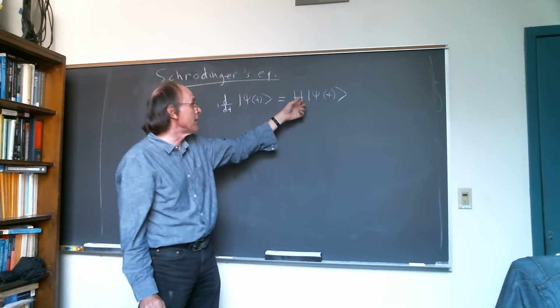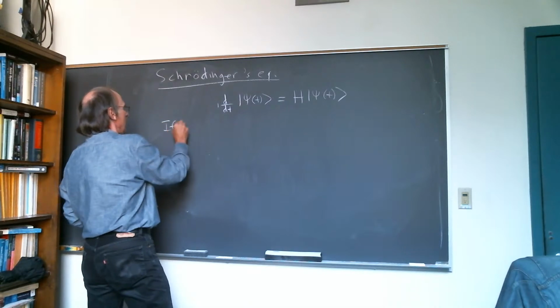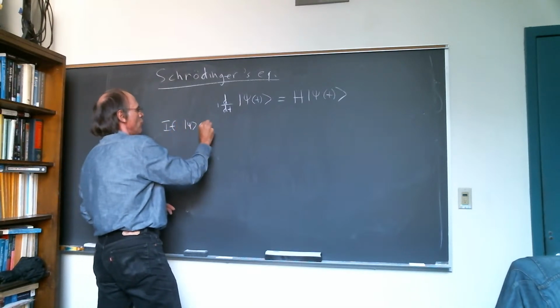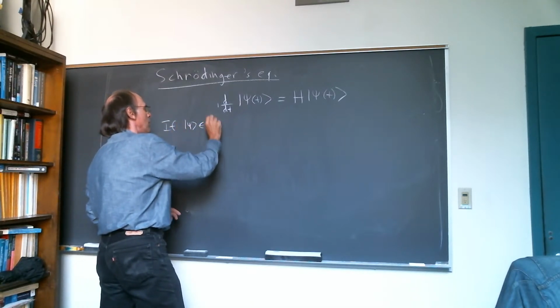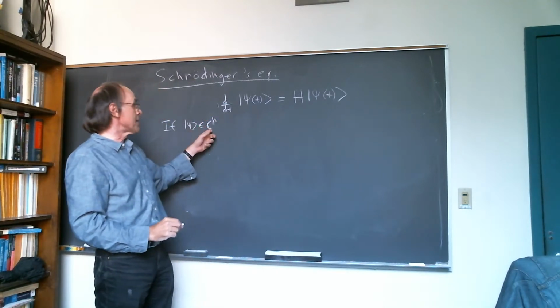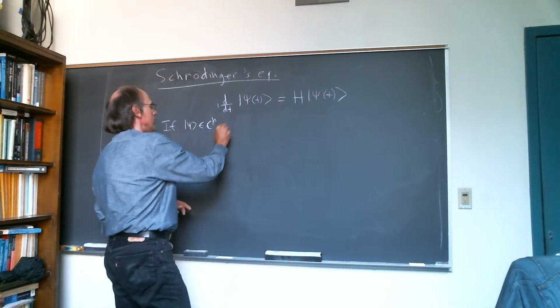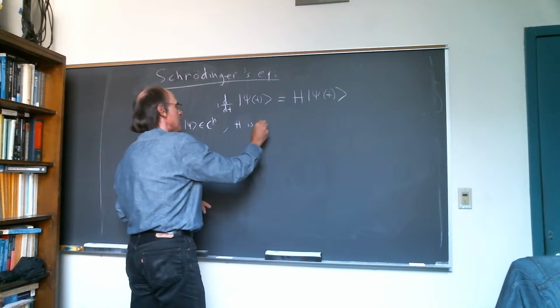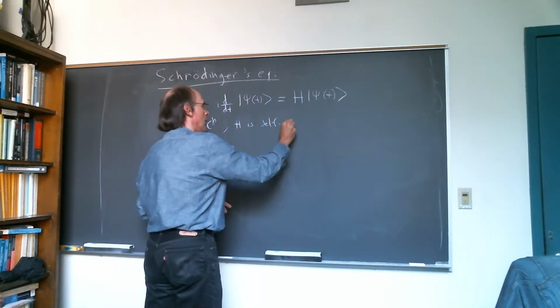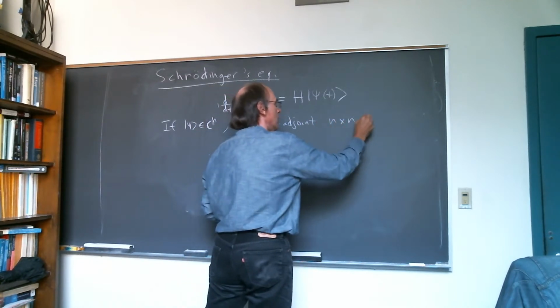But we do know, if we're just talking about one of these finite dimensional state spaces, then H is a self-adjoint n by n matrix.